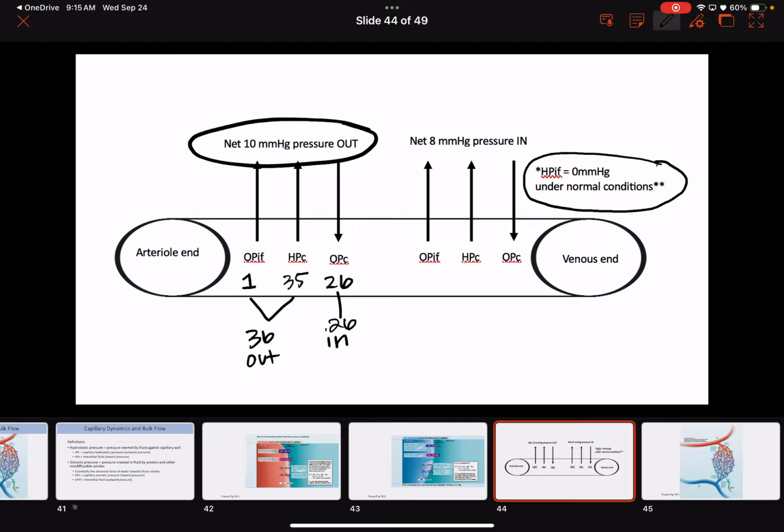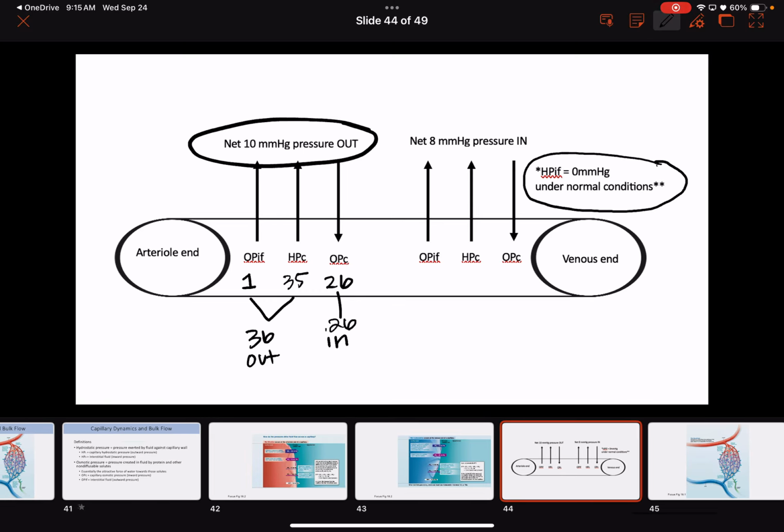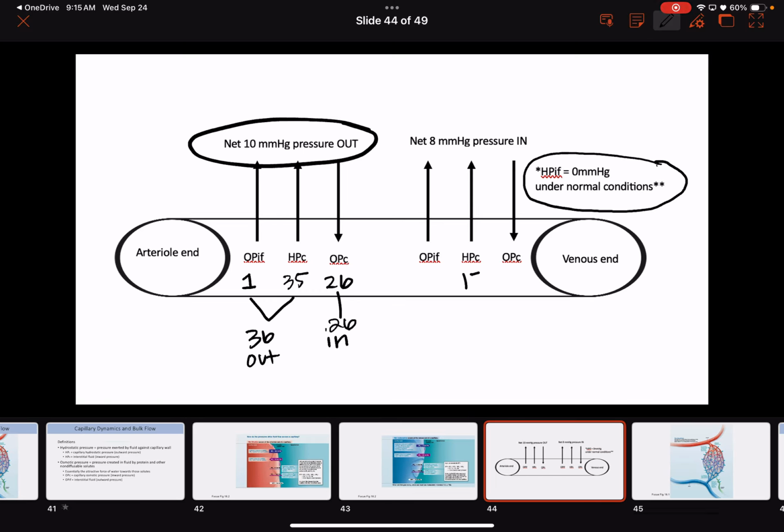Once we get to the venous side, it's a little bit different. Hydrostatic pressure is going to drop considerably, considering now we're farther away from the heart. Only 17 here. But the osmotic pressures don't change. We're still at 26 millimeters of mercury pulling water towards the capillary. Only 1 millimeter of mercury pushing water towards the outside of the capillary.